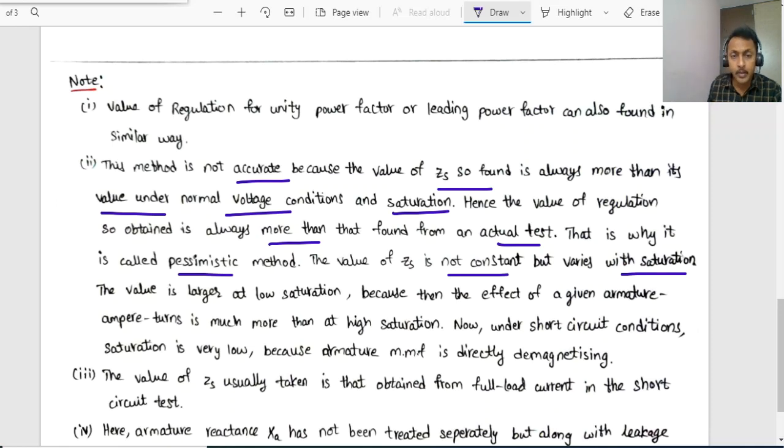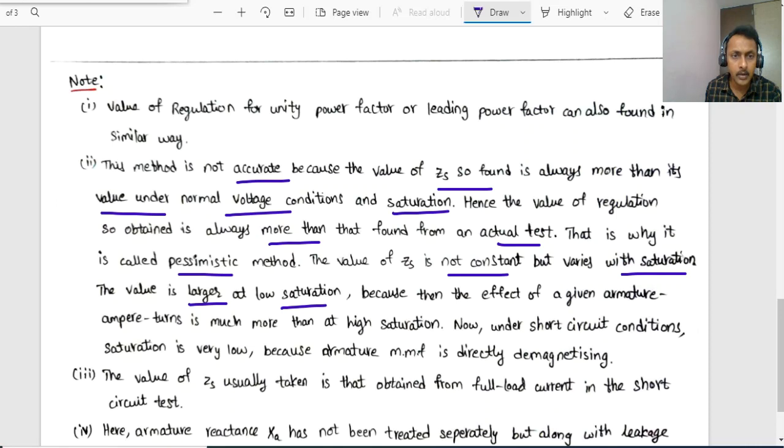Sorry, the saturation will be low. The value of the impedance will be larger than the actual value at lower saturation levels, right?